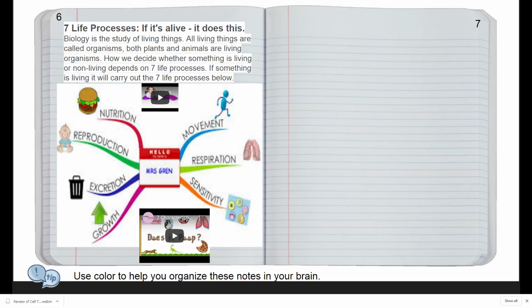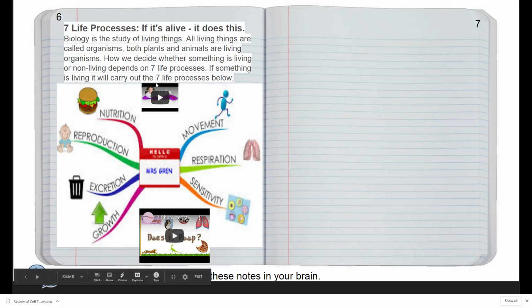And even some of the smallest organisms, like bacteria, react to light or other organisms. So these 7 processes are something that living beings will carry out during their lifetime.